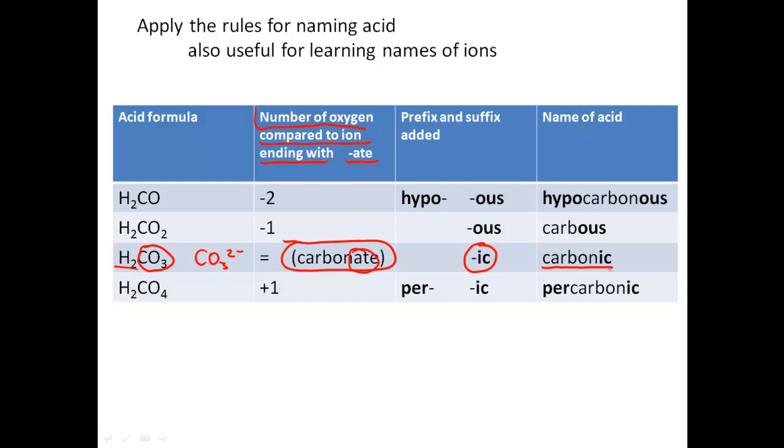Now if we take that carbonate and we have one less oxygen, so that's only 2 instead of 3, we have a different acid. And this different acid will have different compounds. In this case, it'll probably be a lot weaker acid.